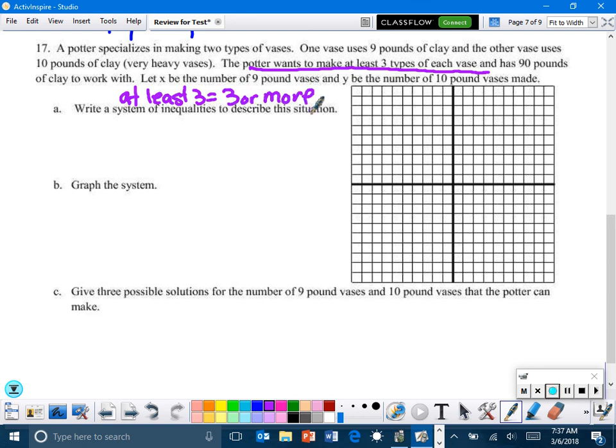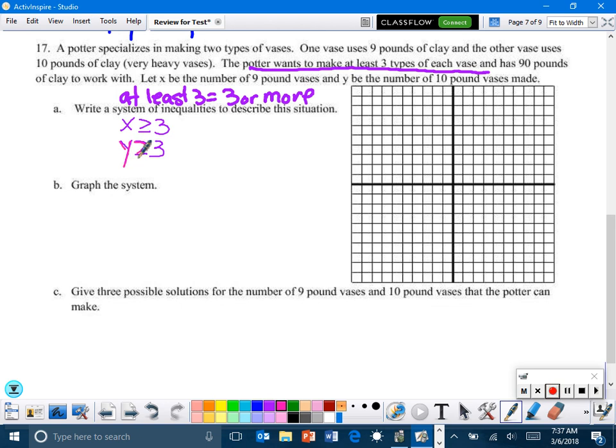So when we write the inequality for this, the one type of vase, X is going to be greater than or equal to 3. And then the other type, Y is also going to be greater than or equal to 3.